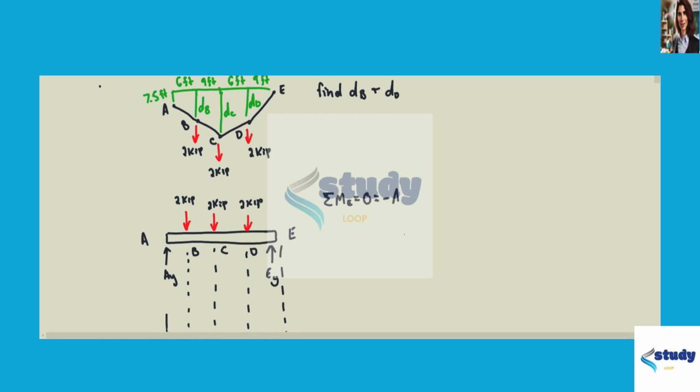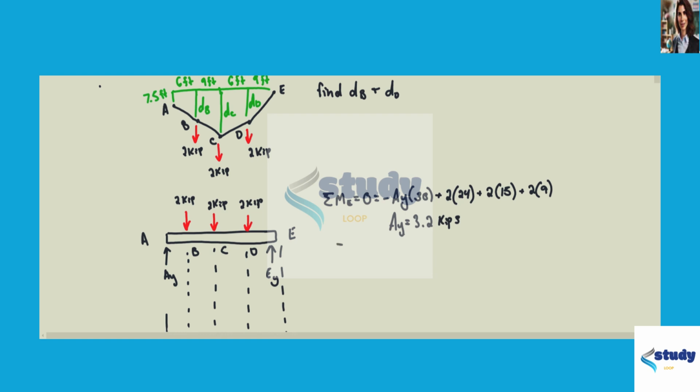This equals negative AY, because it creates a negative moment around E, times 30, because there's 30 meters in the horizontal direction between A and E. We're going to add the force at B, times 24, because 24 meters in the horizontal direction between B and E. Add 2 times 15, 15 meters in the horizontal direction between C and E, and 2 times 9, because 9 meters between D and E in the horizontal direction. So you can go ahead and solve for AY, which equals 3.2 kips.